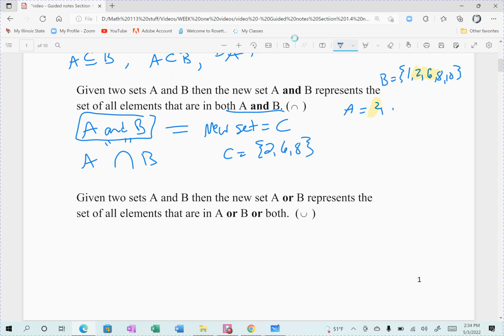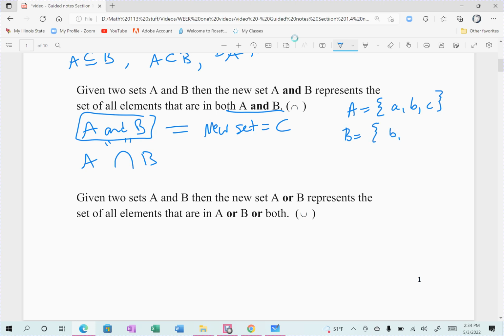Well, what if I picked a different set? Instead of the set A, which is a subset of B, let me pick a different set. Suppose set A was the set A, B, C. And set B was the set B, F, G, and H. So A is A, B, C, B is B, F, G, H. And I want A and B, and I'm going to again call it the new set C. Again, it's their overlap.